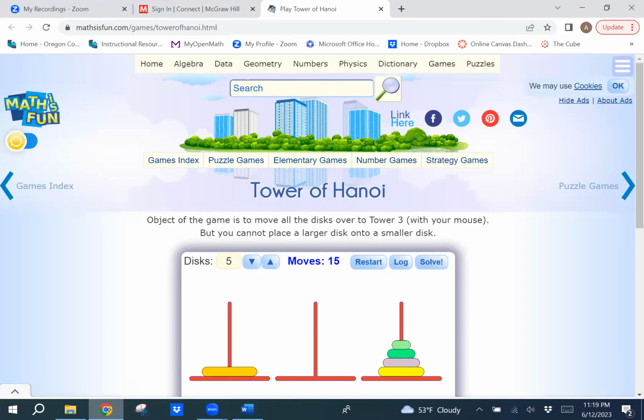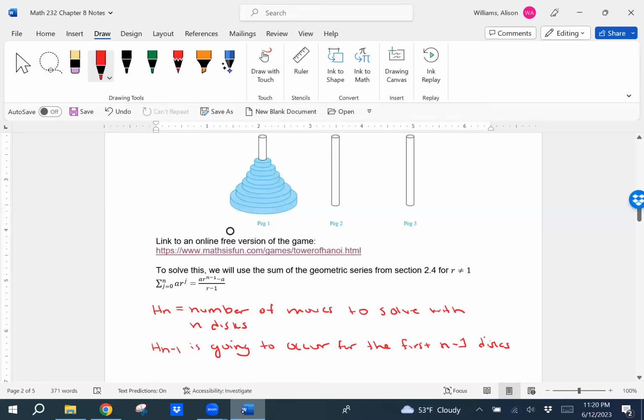All right, so all those disks got stuck onto peg 3. And to begin to move this, I would start by moving this large disk over to peg 2. And then I have to start moving the next set of disks again. The process of moving those previous ones is actually going to repeat itself. I'm going to do the same number of moves I would have done earlier. So H sub n minus 1 is going to occur for the first n minus 1 disks.